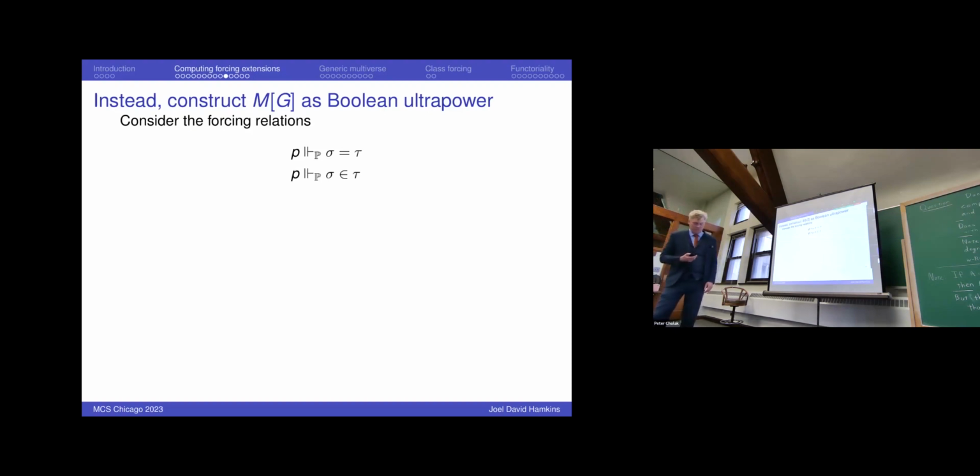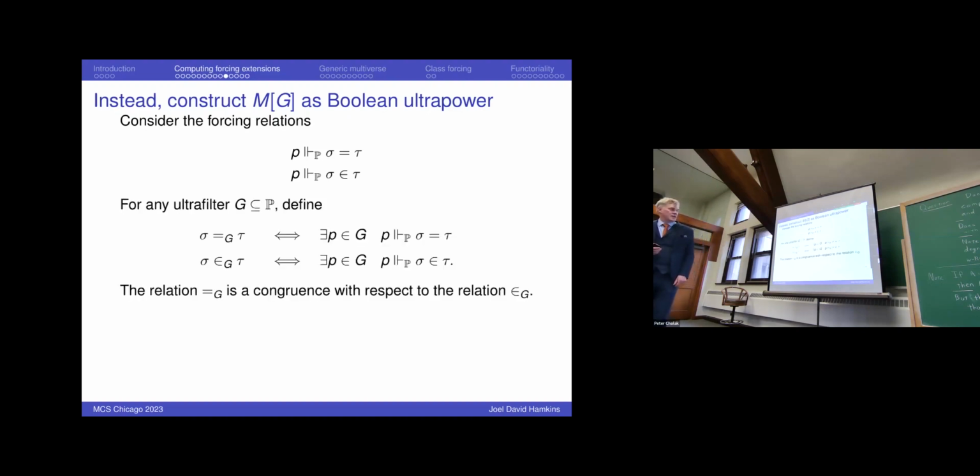So let's consider the forcing relations: p forces sigma equals tau, or p forces sigma as an element of tau. These are definable relations. And now, if I have an ultrafilter on the forcing notion, I can define an equivalence relation: sigma is equivalent to tau if there's a condition forcing that they're equal, and sigma is epsilon sub G tau, a member of tau, if there's a condition forcing it.